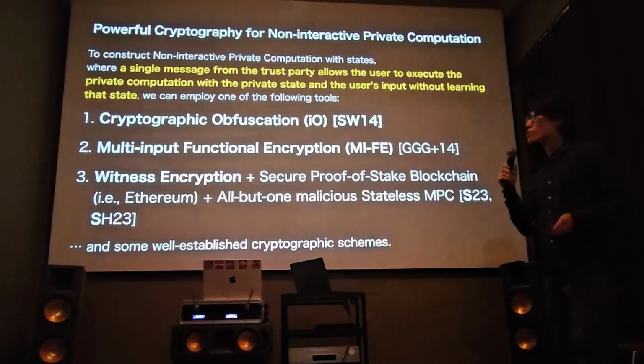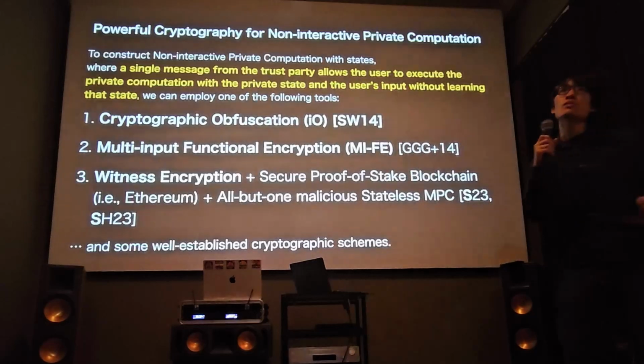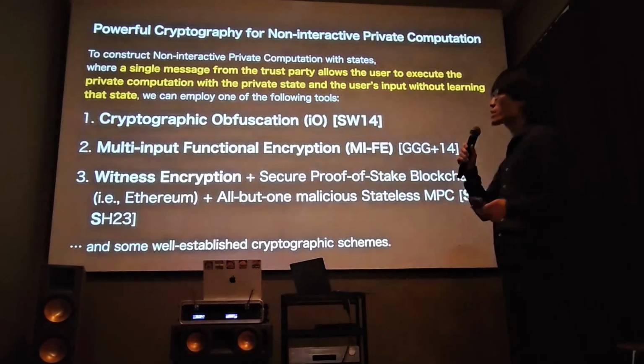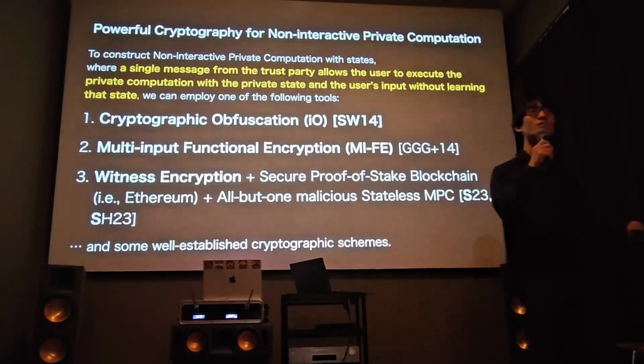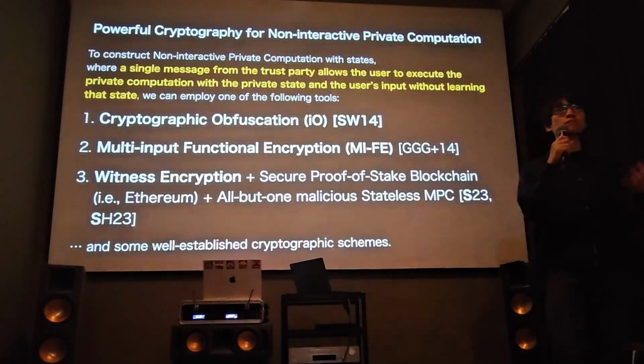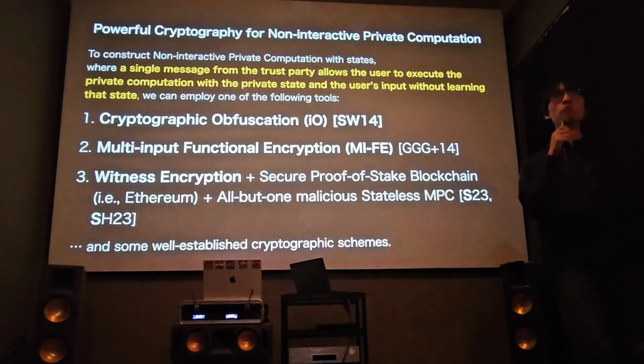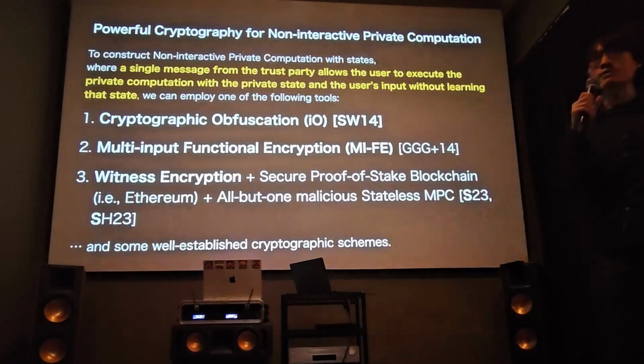But it should not reveal the information about the private state. So can we achieve such a non-interactive version of private computation? In short, it's impossible in a practical way now, but theoretically it's possible using one of these cryptographic theories.